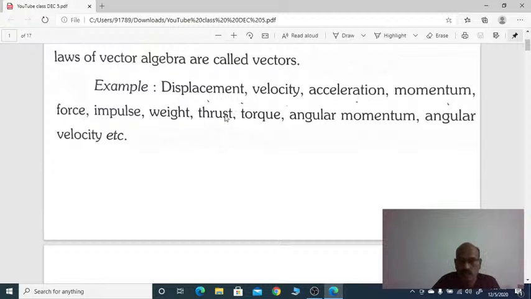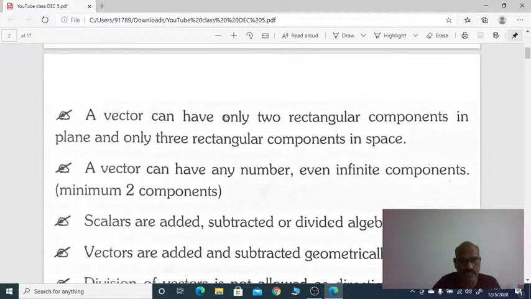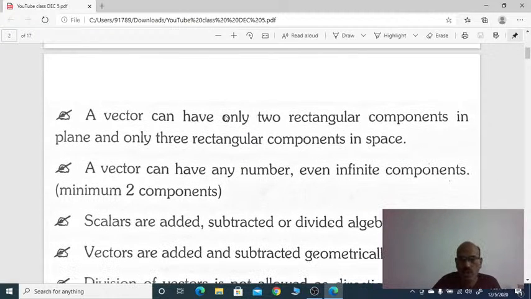Right? So we are going to discuss mainly the multiplication of vectors in two cases. One is scalar product, another is vector product.